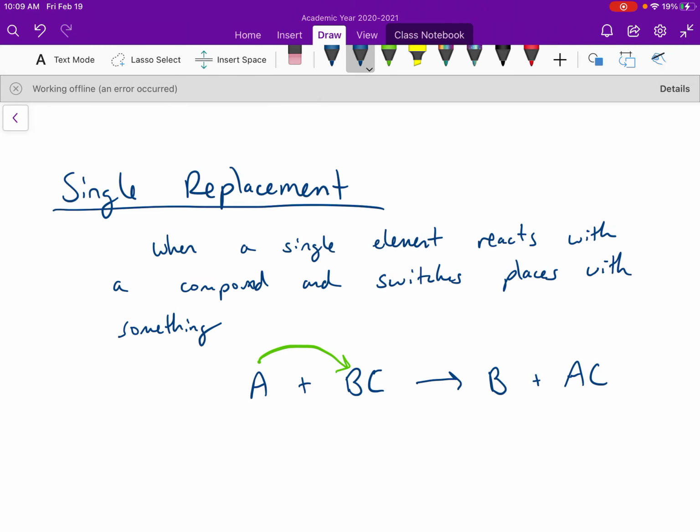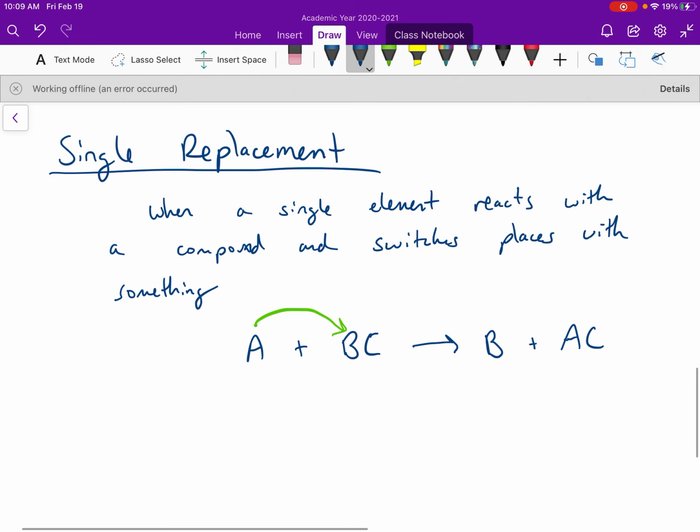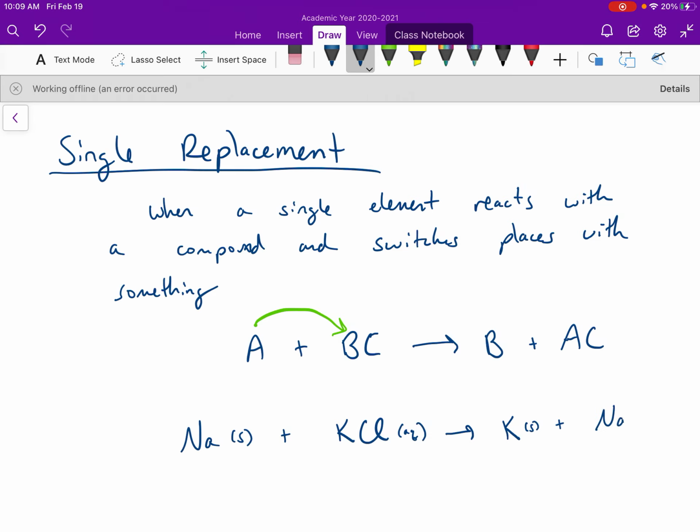Okay. A real life example of that. What if we had sodium metal and potassium chloride, which is aqueous. Okay. When these react, we end up with potassium metal and sodium chloride.